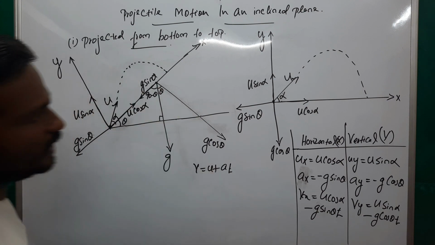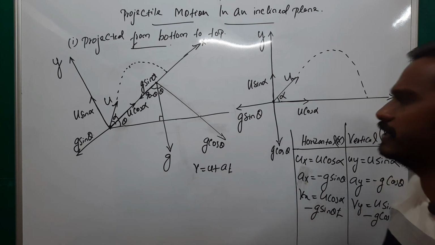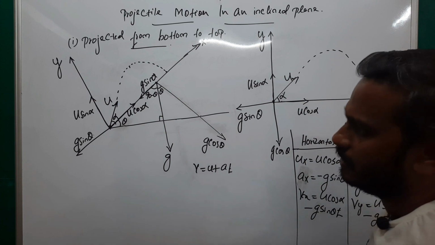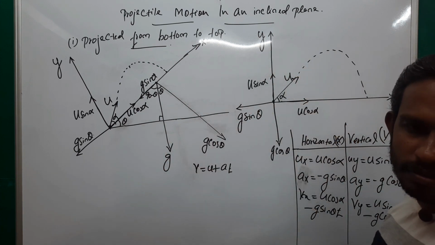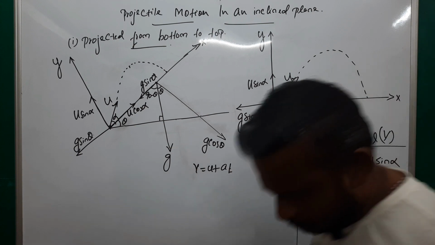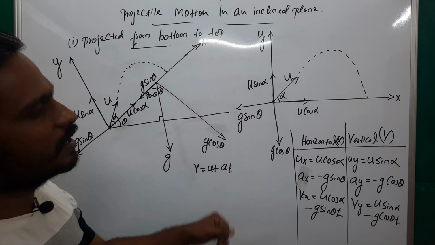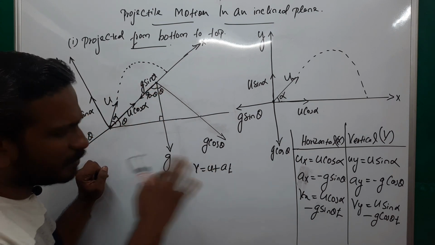So when you study projectile motion on an inclined plane, these are the basic things you have to know from projection on a horizontal plane or projection from a certain height. These are the preliminary quantities.